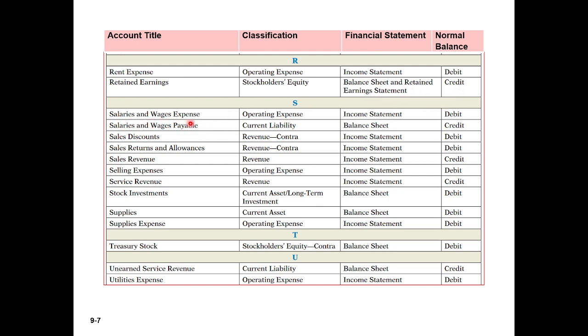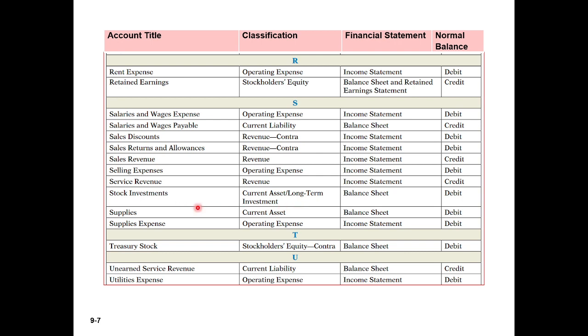S: salaries and wages expense is an operating expense, income statement, debit balance. Salaries and wages payable is a current liability, balance sheet item, normal credit balance. Sales discount is contra revenue, income statement, debit balance. Sales returns and allowances is contra revenue, income statement, debit balance. Sales revenue, income statement, credit balance. Selling expenses, operating expense, income statement, debit balance. Service revenue, income statement, normal credit balance.